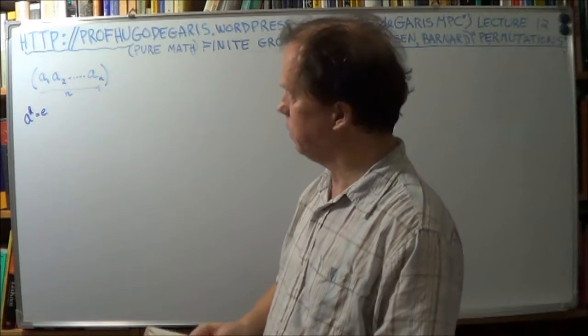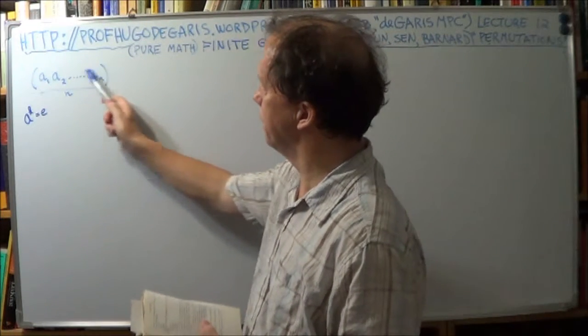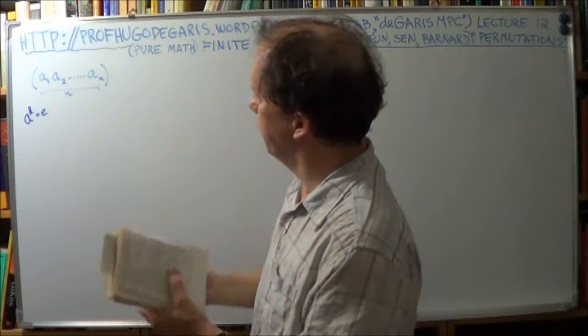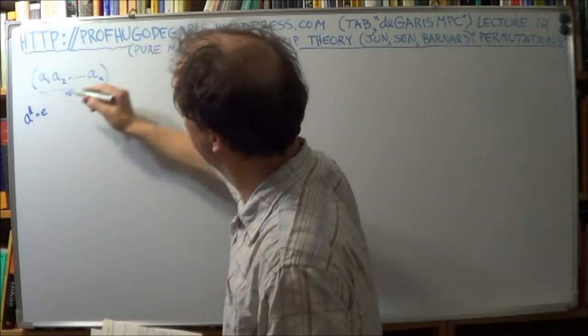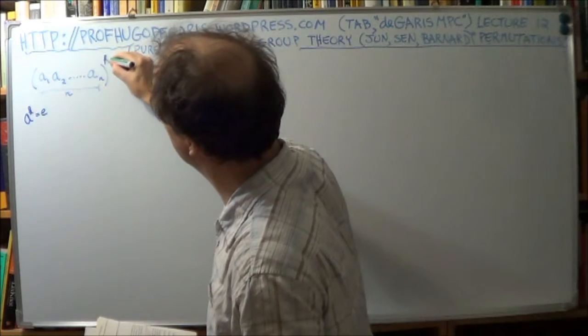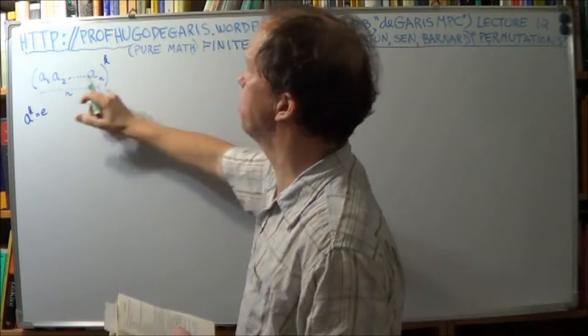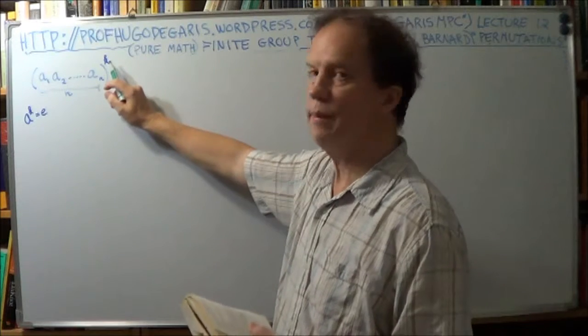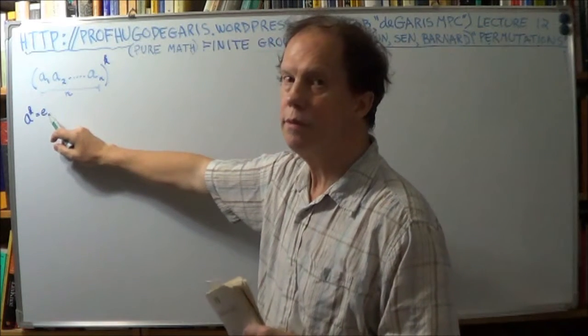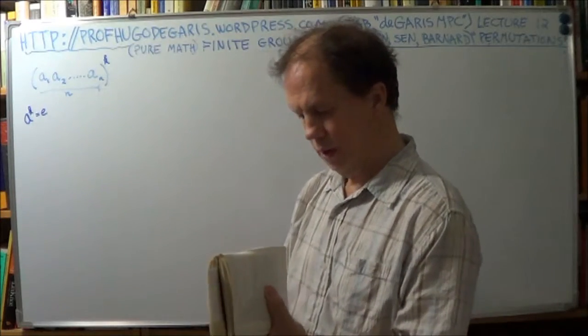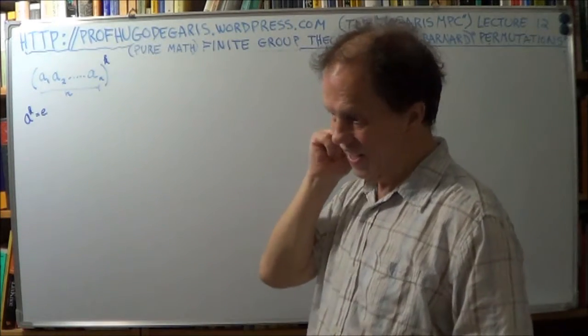We're asked to prove that the order of a cycle, so here's your cycle, so we have to show that this k here, if we apply this permutation k times, we will get the unit element. Follow that? Let me state that a different way.